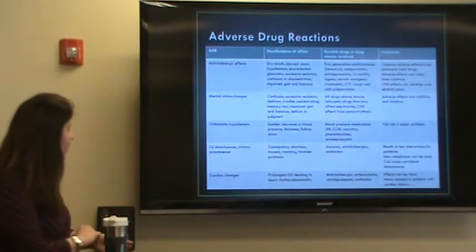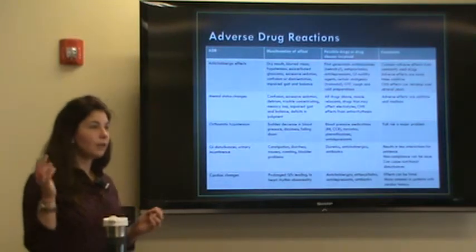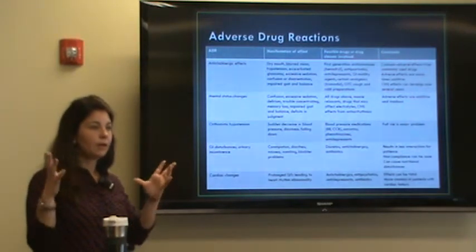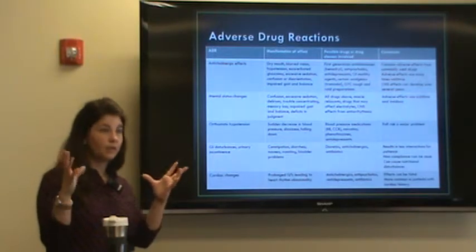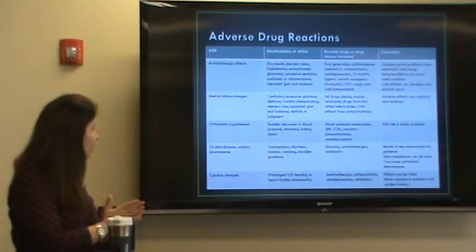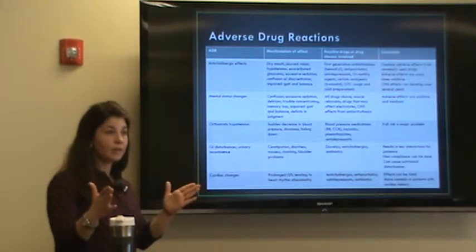And then cardiac changes. A lot of medications that patients are taking can cause cardiac disturbances or cardiac changes. So we look at QTC when we're looking at an EKG. That's one of the things on the EKG. A lot of anticholinergics and antipsychotics can cause changes and prolong the QTC.